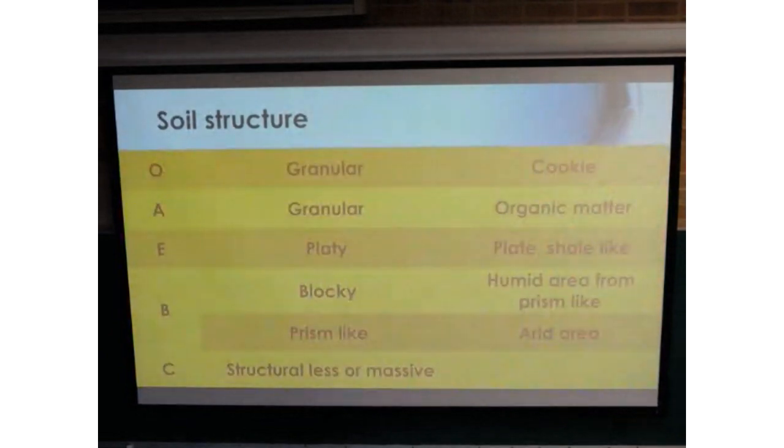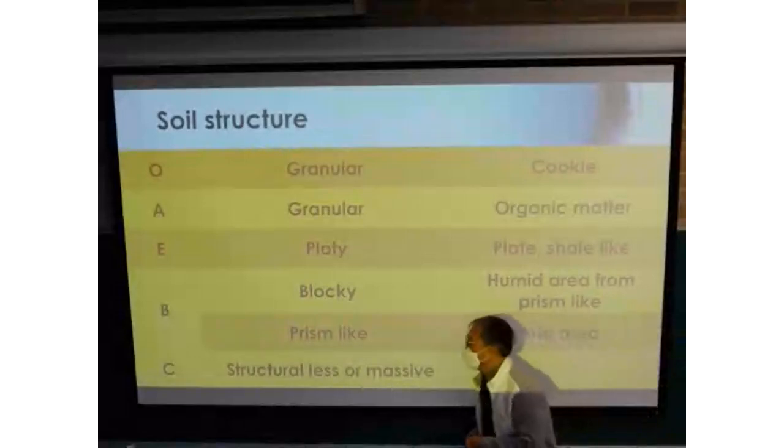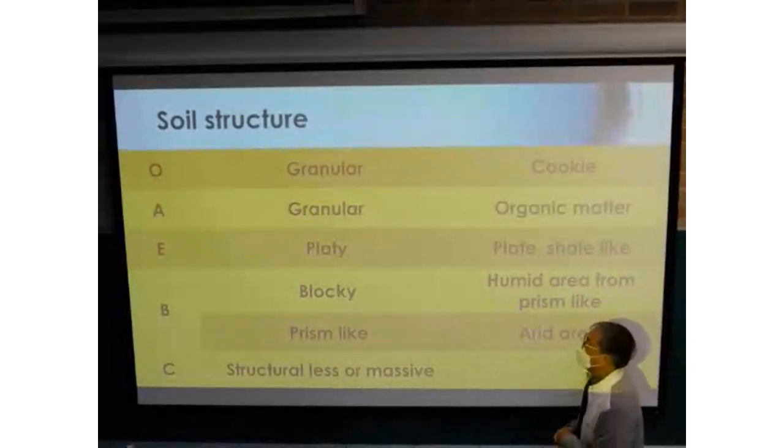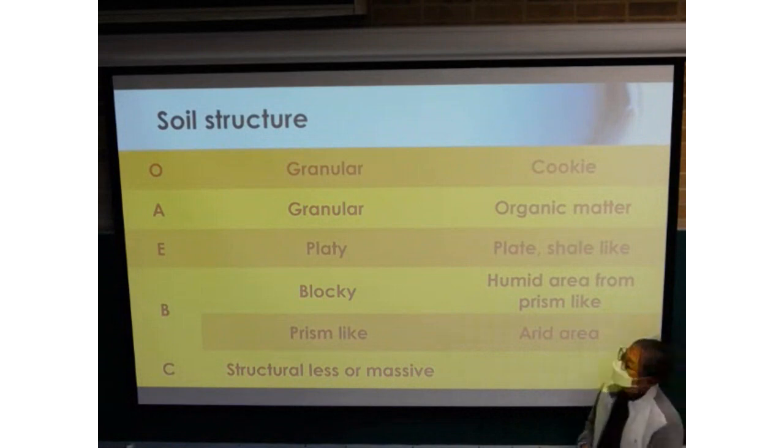And for soil structure, we talk about the granular type, flaky type, blocky type, and prismatic types. And where are we able to find the granular type easily, or which horizon has the granular type?